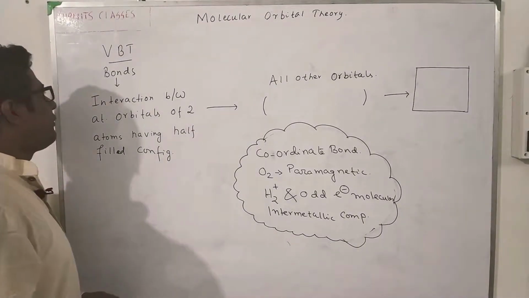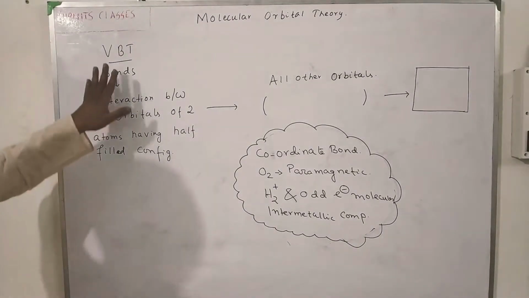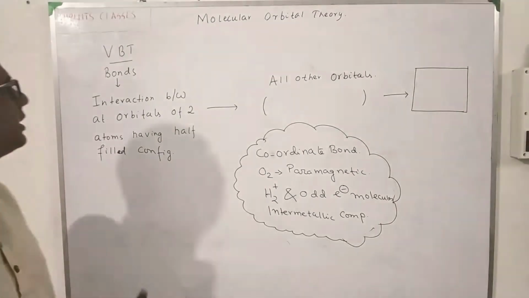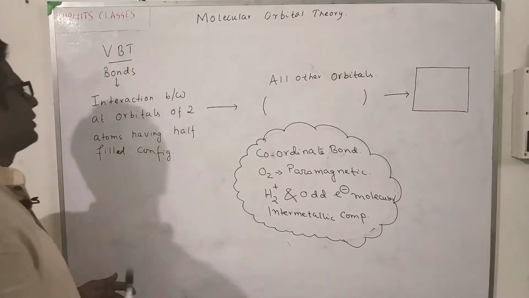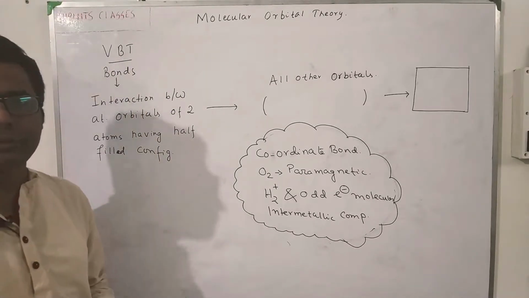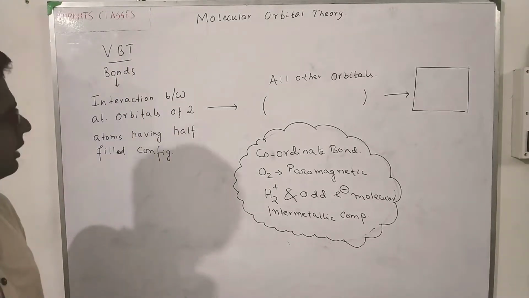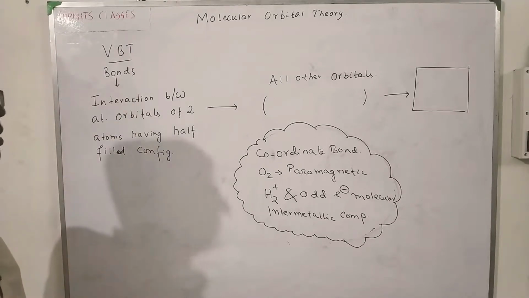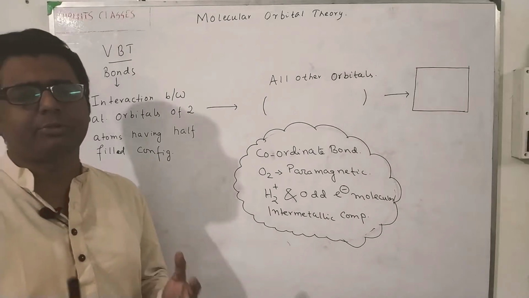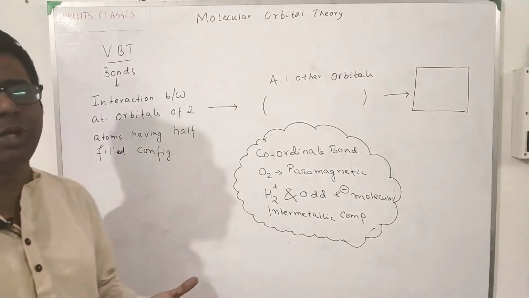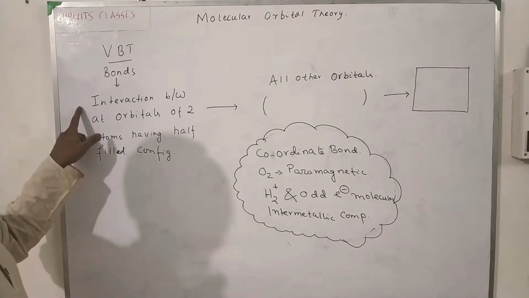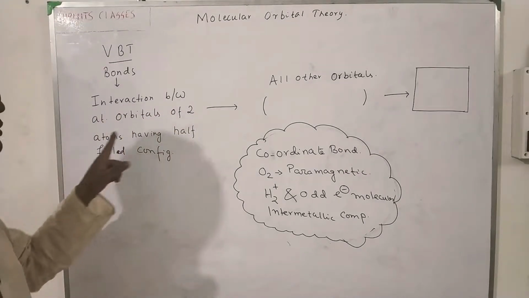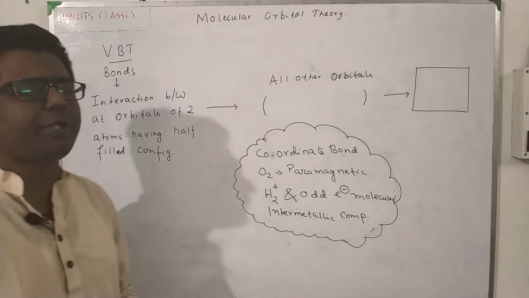So beforehand I would like to say what is valence bond theory. In short we call it VBT. Valence bond theory basically says the bond formation occurs due to interaction between the atomic orbitals of two atoms having half filled configuration.